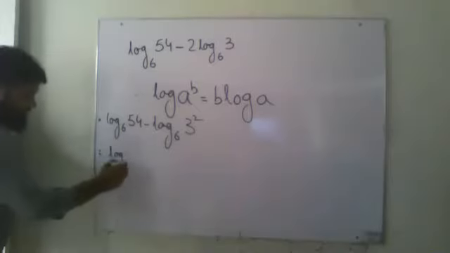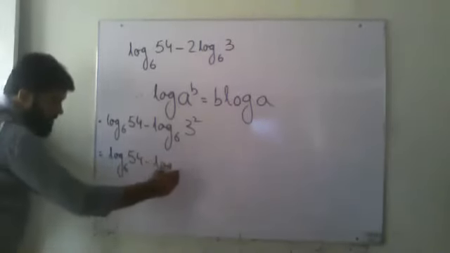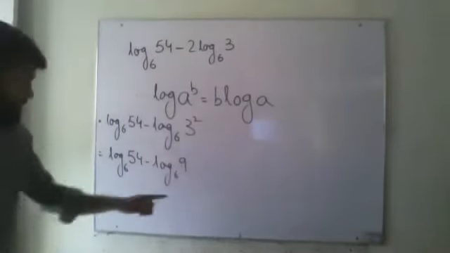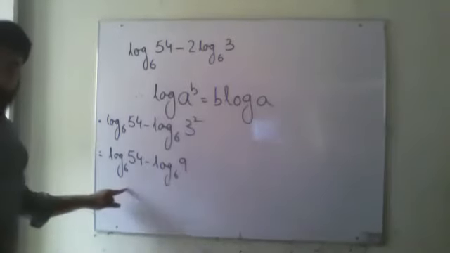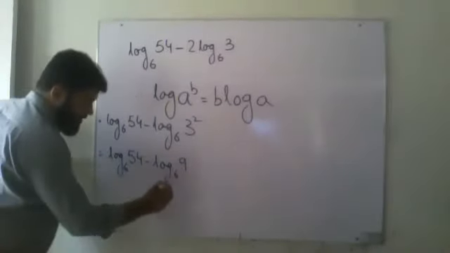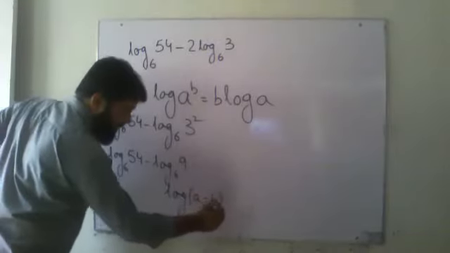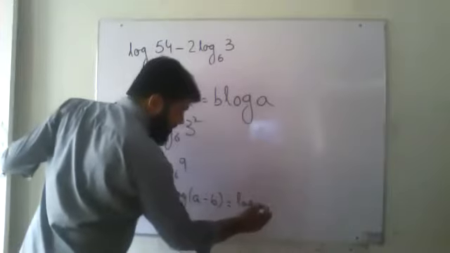Simplifying it, log base 6 of 54 minus log base 6 of 9. So now they are in difference form. We know that if things are being divided, I can write them in difference form.